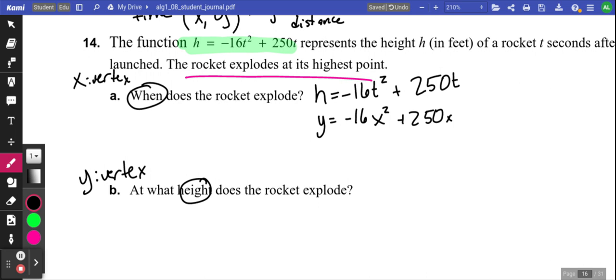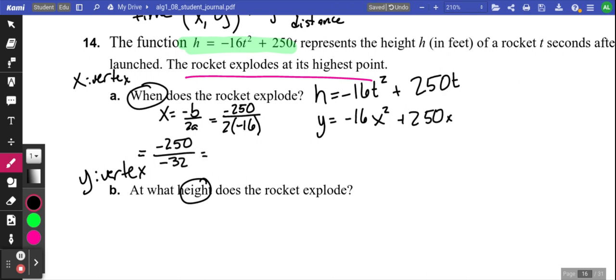All right, I'm going to find the x of my vertex, so negative b over 2a. My b is 250, so negative 250 over 2 times a, which is negative 16. I got negative 250 over negative 32.